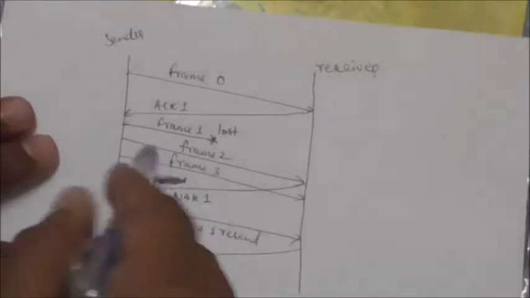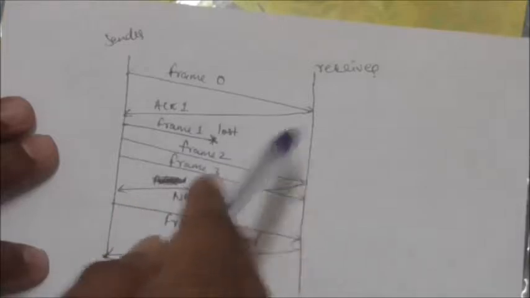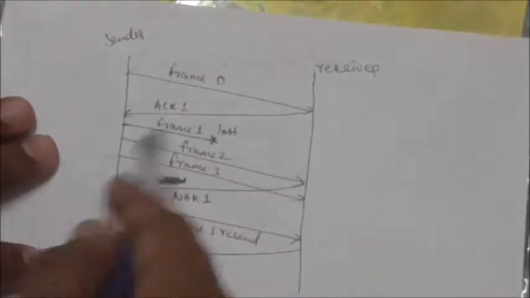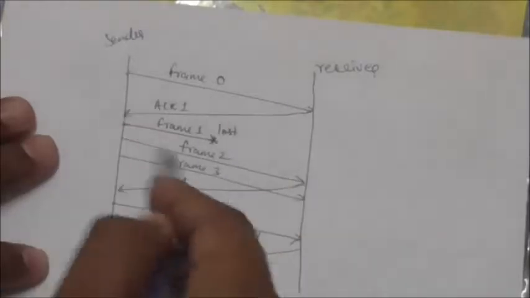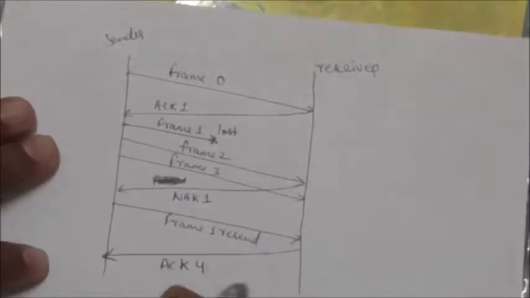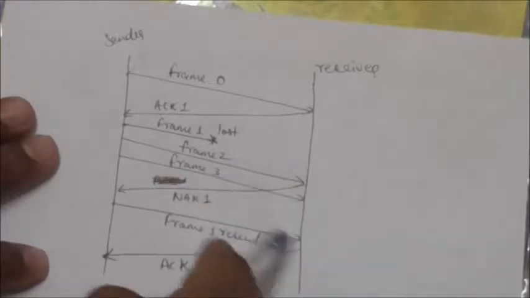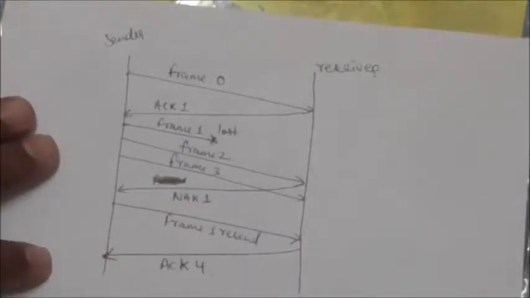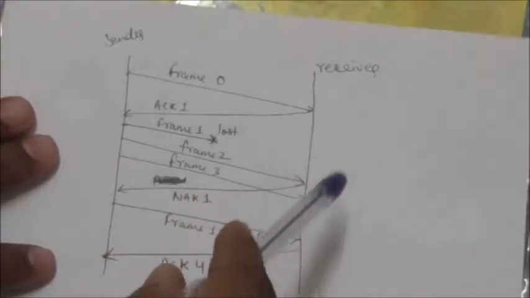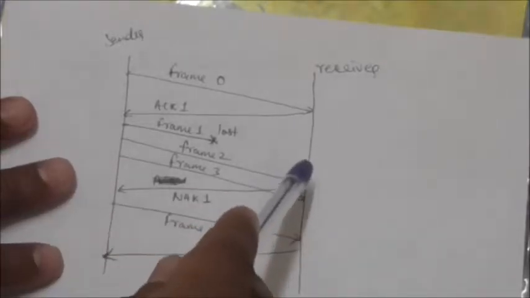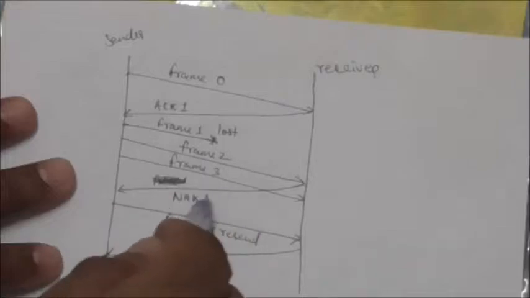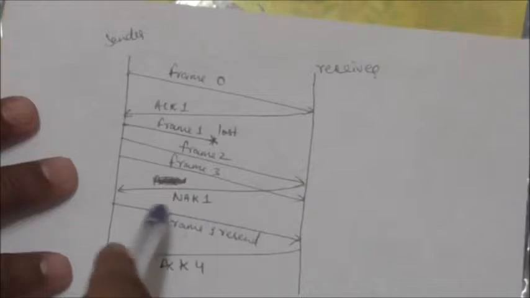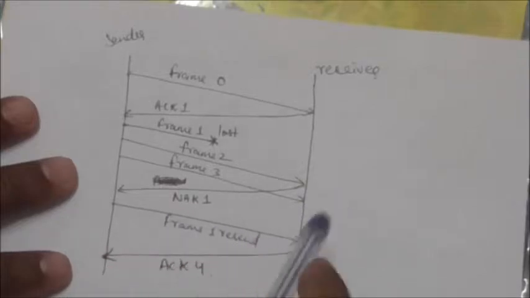Now when the negative acknowledgement for frame 1 arrives at the sender, the sender resends the frame with sequence number 1.